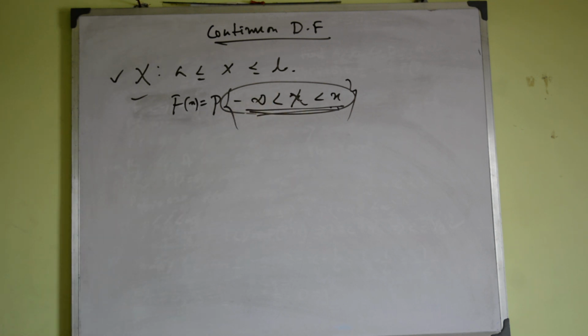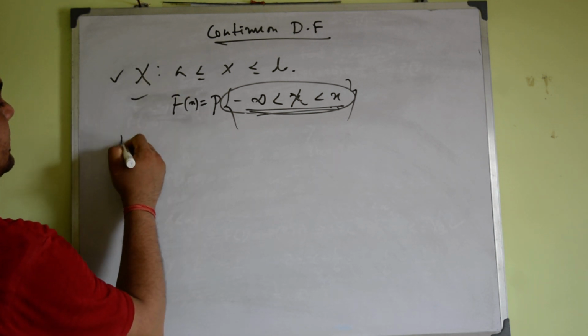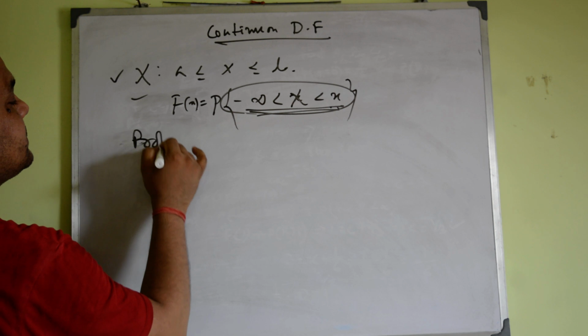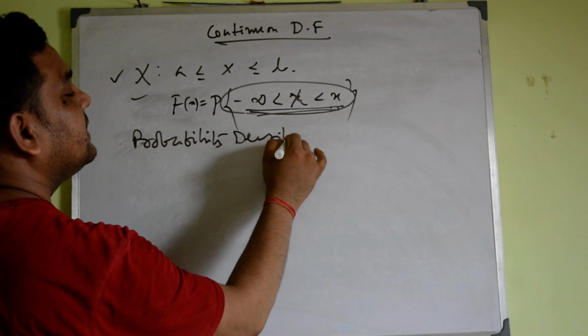Now, a continuous distribution function is characterized by, or defined by, the probability density function.